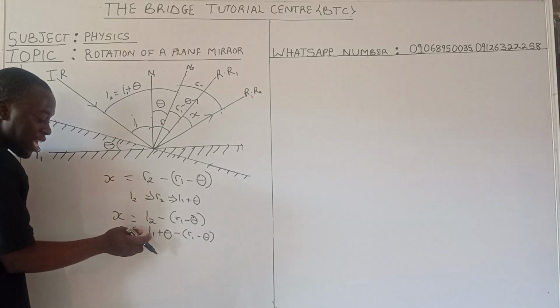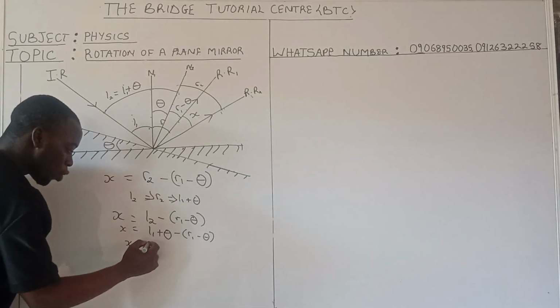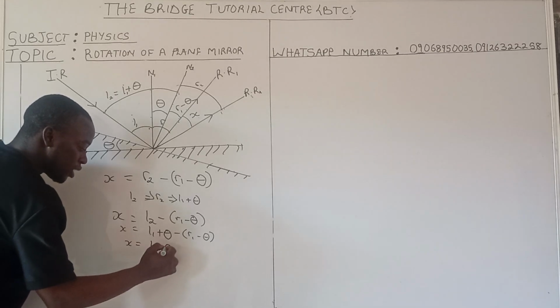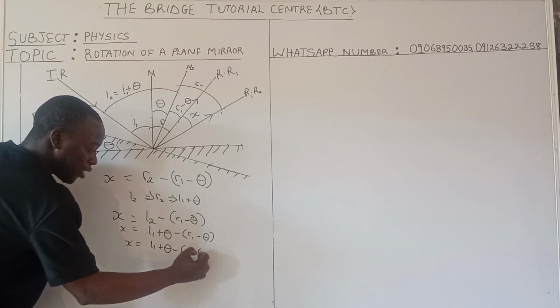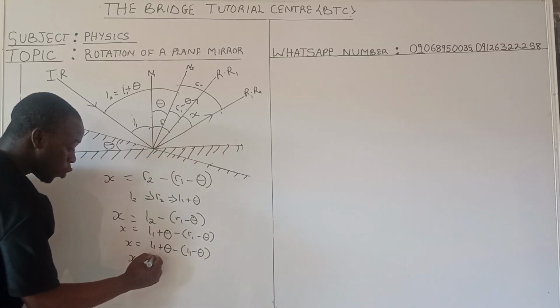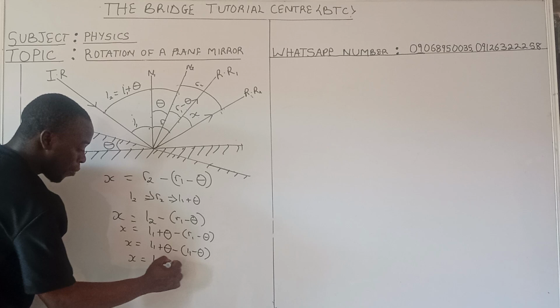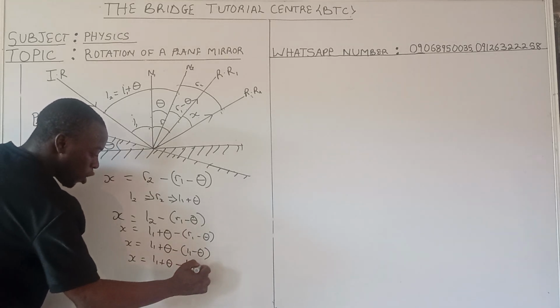So if this one is I1, it must equal R1. So we have I1 plus theta minus, I can change this one also to I1 minus theta like this. So you remove the bracket, we have x equals I1 plus theta minus, what about this one when you open the bracket? I1 plus theta.